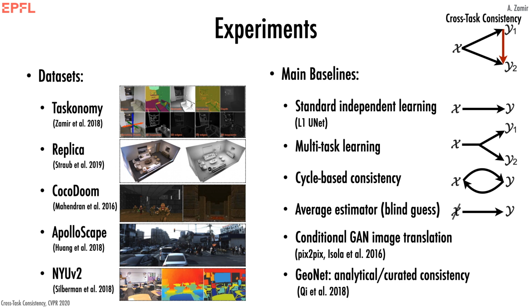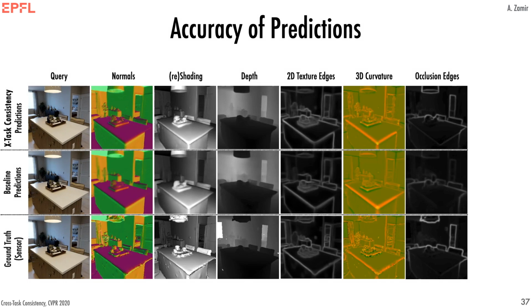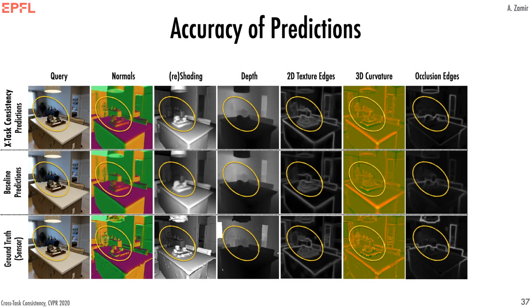Cycle-based consistency is a very common form of consistency. It assumes a bijection between domain X and Y and more. So first, some results. You can see that generally the results of learning with cross-task consistencies is better than not using the consistency constraints. If you pay attention to the fine-grained details in the yellow marker, you can see that there's a lot more details recovered by cross-task consistency.